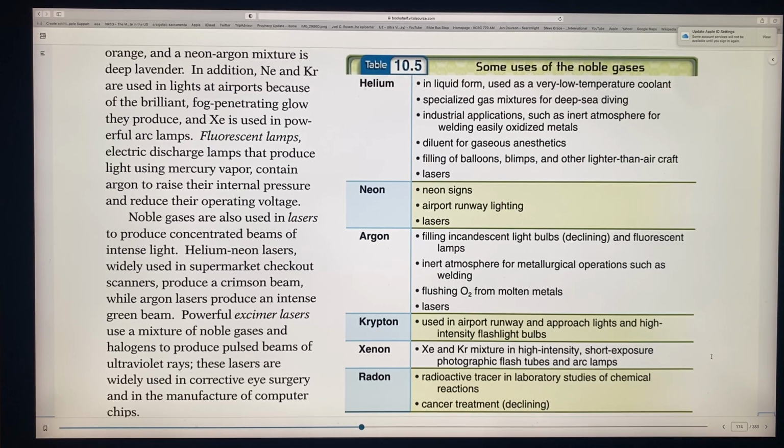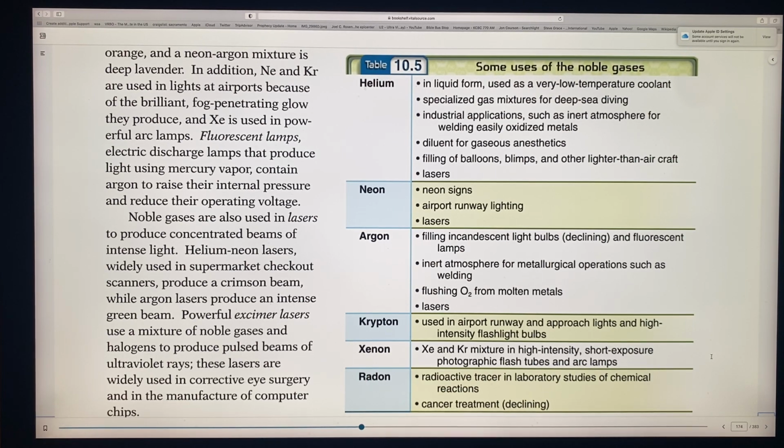Helium's used for quite a few things now. Neon: signs, airport runways, lasers. Argon: filling incandescent light bulbs, which they don't do now. They use fluorescent lamps mainly. Inert atmosphere for metallurgic operations such as welding, flushing oxygen from molten metals, lasers, that's argon.